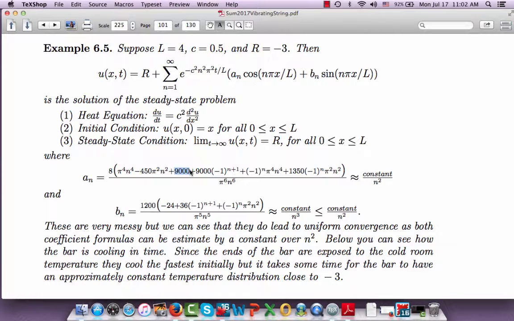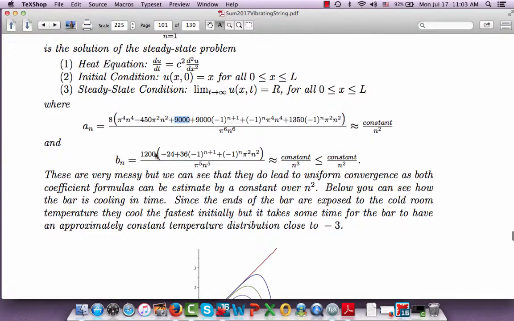So as another way of getting an upper estimate, replace all the terms you have by making sure they all have n to the 4th power. That will make the constant terms bigger, and it'll make the n squared terms bigger, so it's still a good upper estimate. It's just quite a big upper estimate. But in the end, that allows us to algebraically simplify this to some constant over n squared.